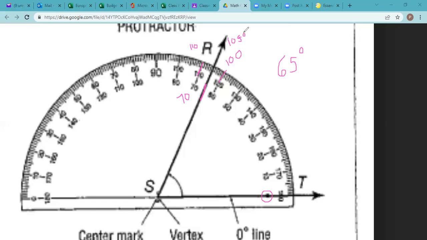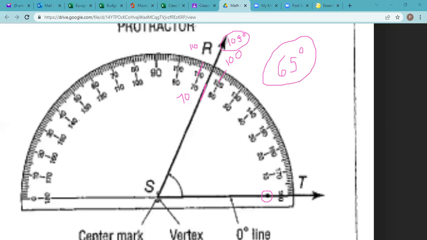So if you had to decide between 105 degrees, which is an obtuse angle, because you know that obtuse angles are more than 90, but less than 180. And you know that acute angles are more than 0, but less than 90. You are looking at an acute angle. So it's going to be the 65 degrees.